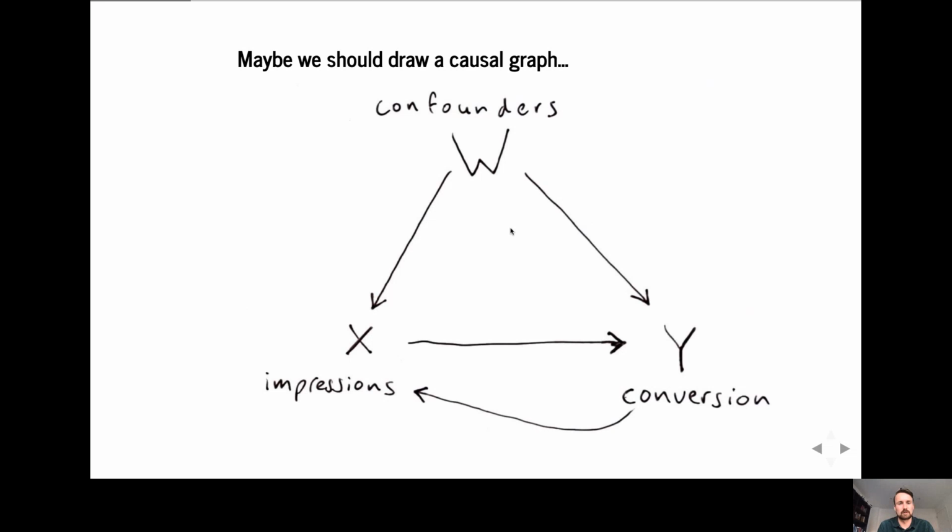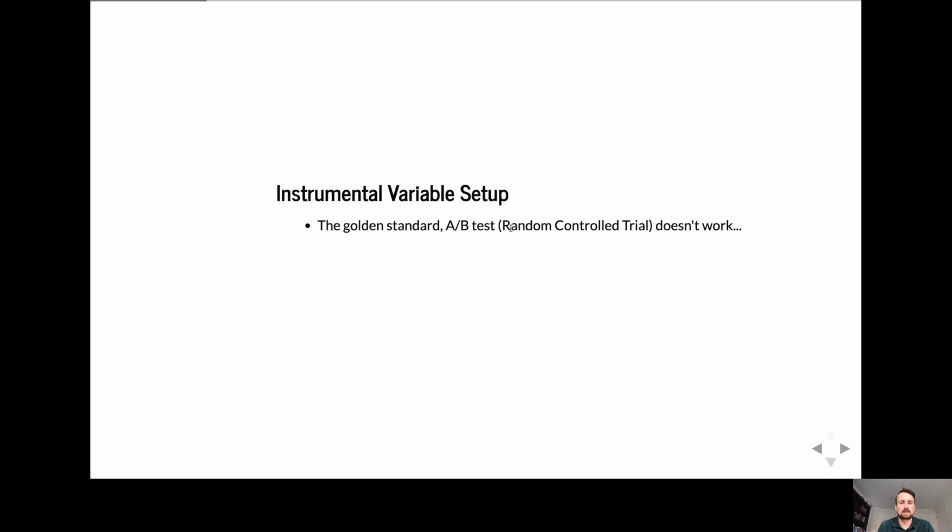So what can we do to solve these problems? Luckily, this is a perfect case for applying instrumental variables. But first, why do we need to use instrumental variables to start with? Because normally we would want to apply the golden standard, which is an A/B test, a randomized controlled trial, but in this case it doesn't work. The reason it doesn't work is because we cannot force users to exactly see a specific amount of impressions.